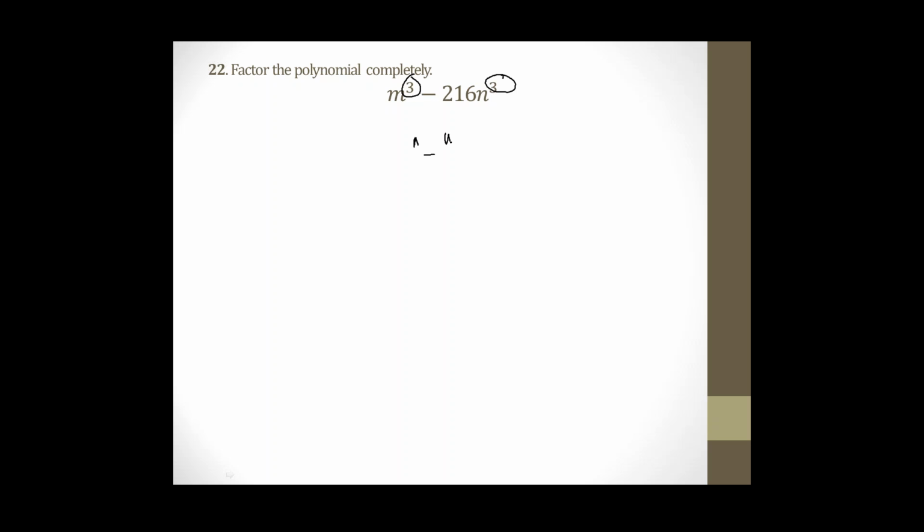So for the difference of cubes, the formula would be a minus b, and then a squared plus ab plus b squared. And if you have the version of the sums of cubes, the formula would be a plus b, and then the signs alternate.